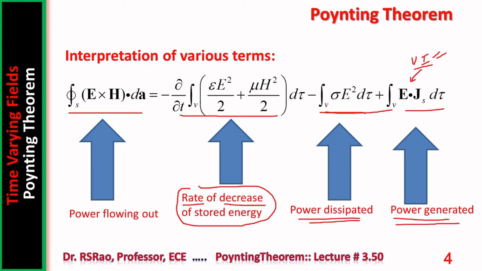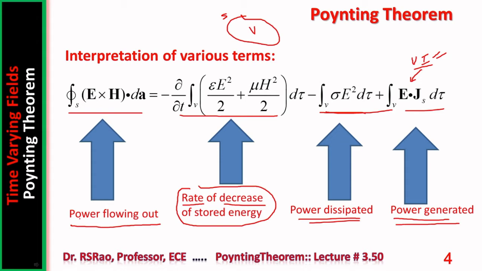With this understanding, when we apply the energy conservation principle to this situation, it gives us an interpretation of the term on the left hand side as power flowing out. Here we considered a closed surface. This is a closed surface, and this is a volume.